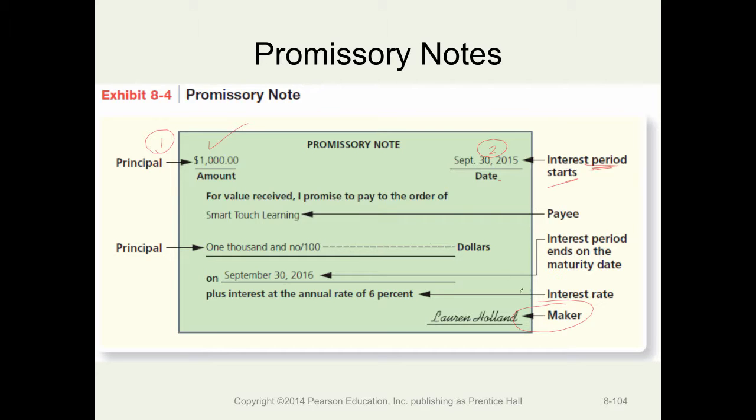So Smart Touch is lending to Lauren Holland $1,000. The interest rate is the third component, and of course, the maker of the note, or the debtor, is the fourth component. Of course, Smart Touch is the creditor.